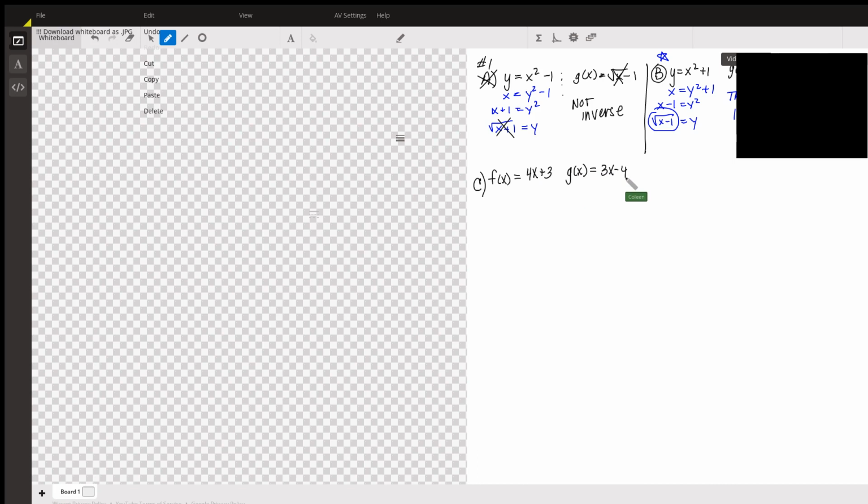Okay, so once again, I'm going to exchange. So this is actually a y. I'm going to say x equals 4y plus 3. So I'm switching out the x for y. I'm going to now solve for y. So subtract 3 from each side. Oh, okay, so it looks like we should have a dividing by 4 going on.